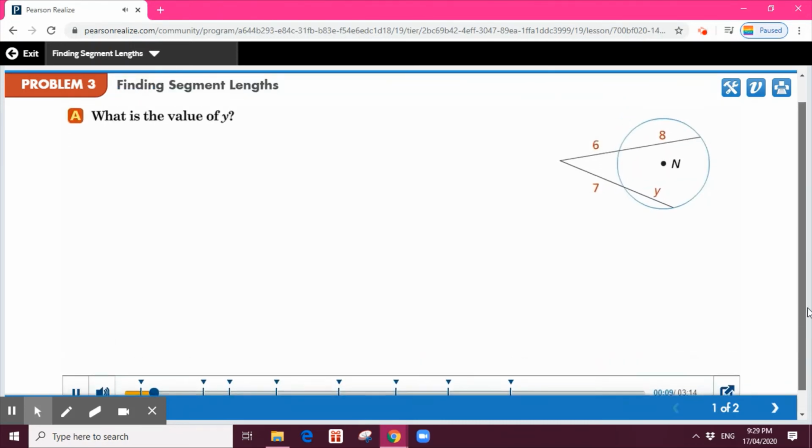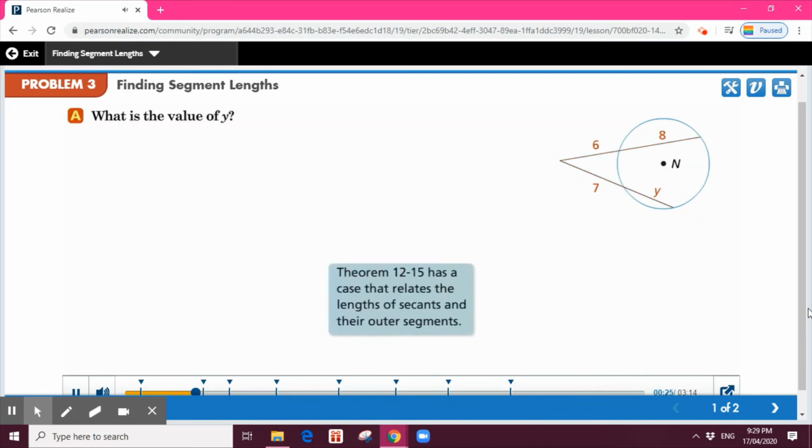First, identify the parts of the diagram to help you determine which theorem to apply. You have circle N and two secants. Theorem 1215 has a case that relates the lengths of secants and their outer segments.